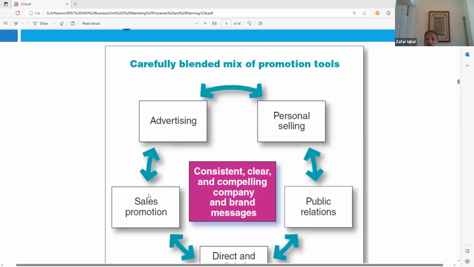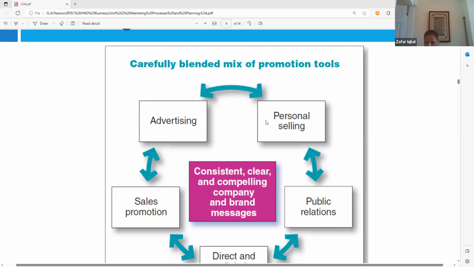We're making sure that we do it through the right advertising channel. For example, we're going to be using either personal selling or advertising methods, or what do we want to create, what do we want to get across.